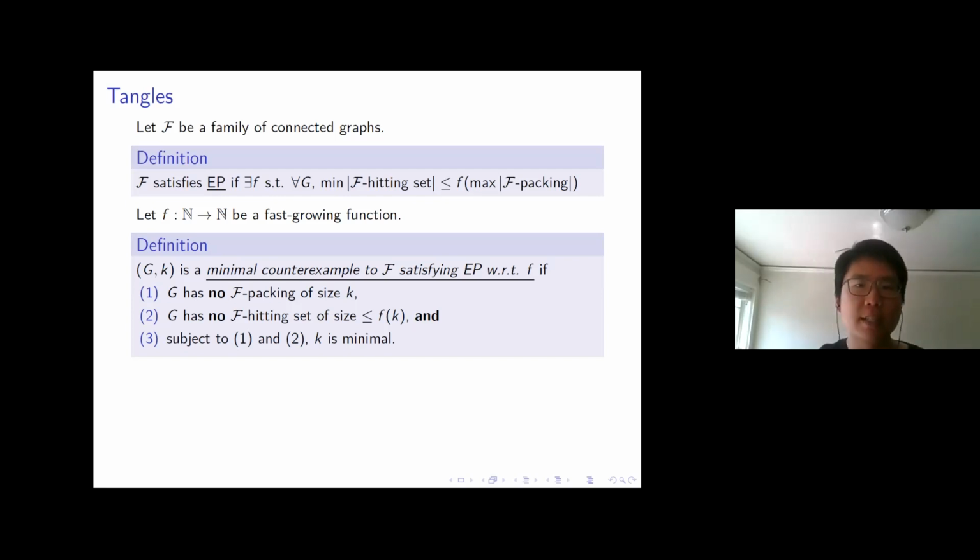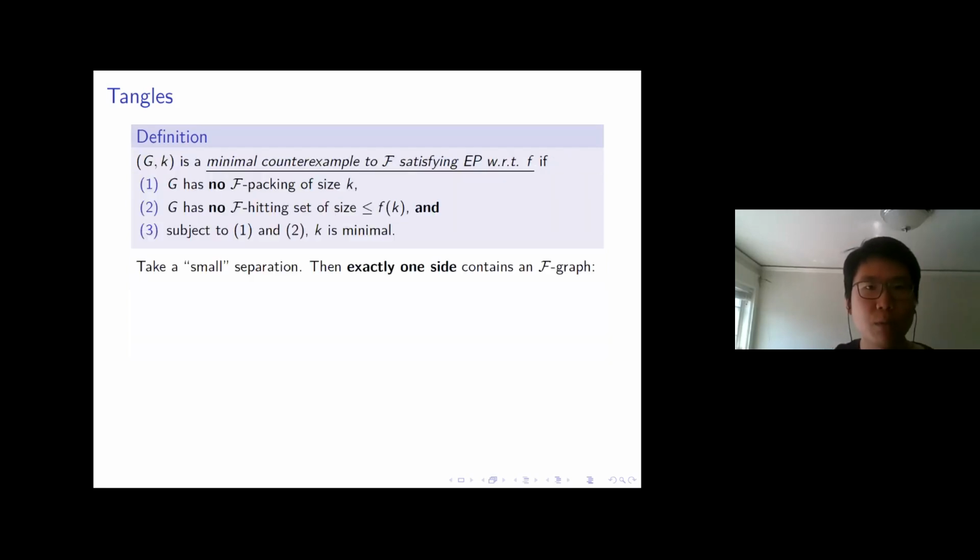Then there has to exist some graph G such that this inequality is violated, which means that we can find some graph G and some positive integer k such that G has no packing of graphs in F of size k, and G has no small hitting set for the graphs in F. And subject to these two conditions, we'll minimize k.